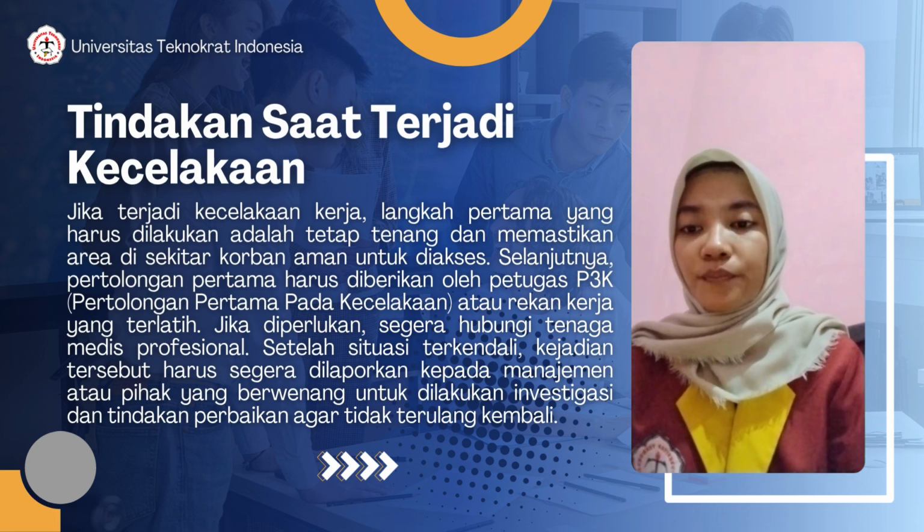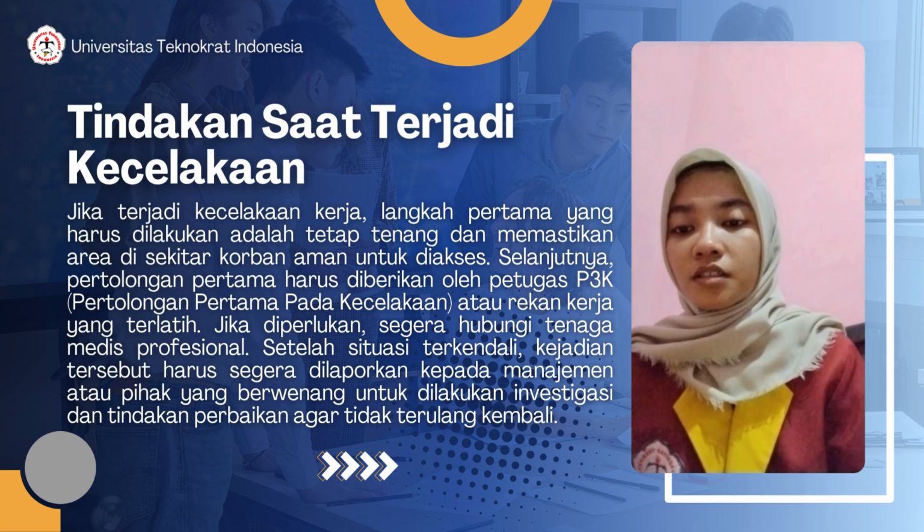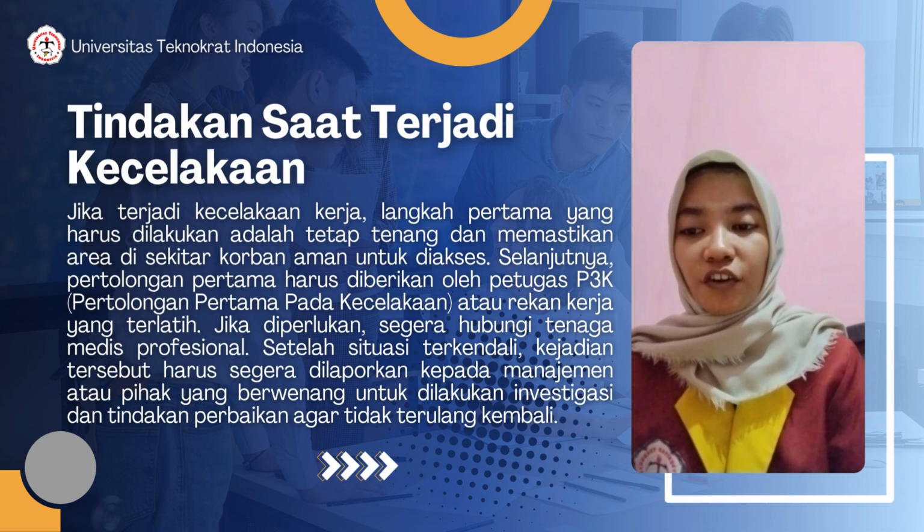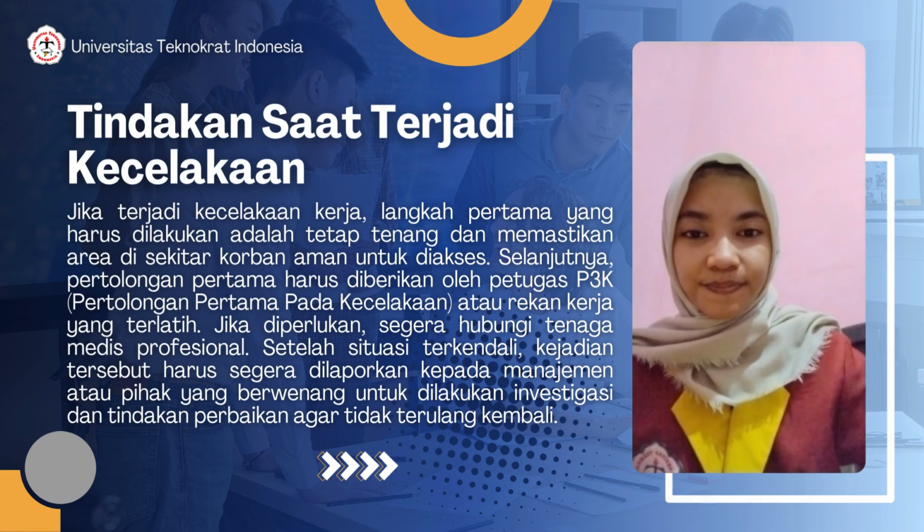If necessary, immediately contact a medical professional. Once the situation is under control, the incident must be immediately reported to management or the authorities for investigation and corrective action to prevent it from happening again.